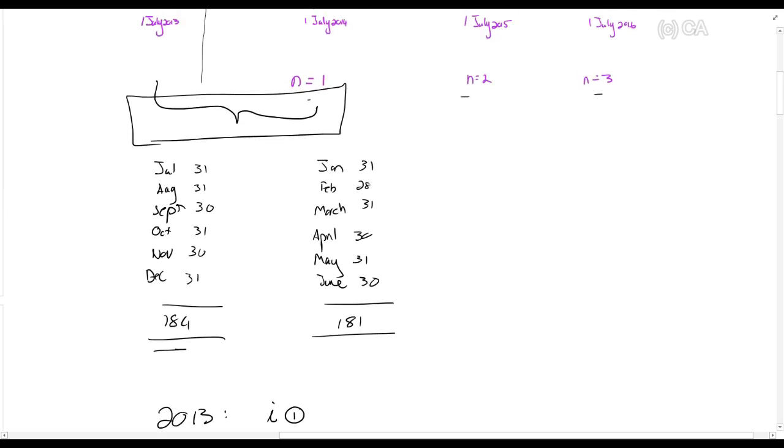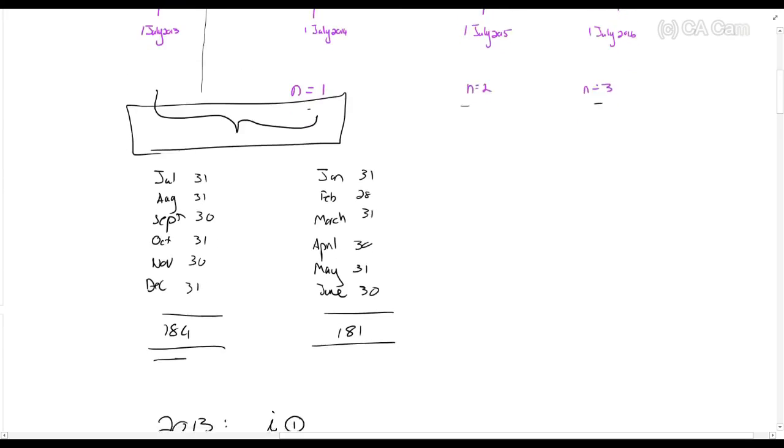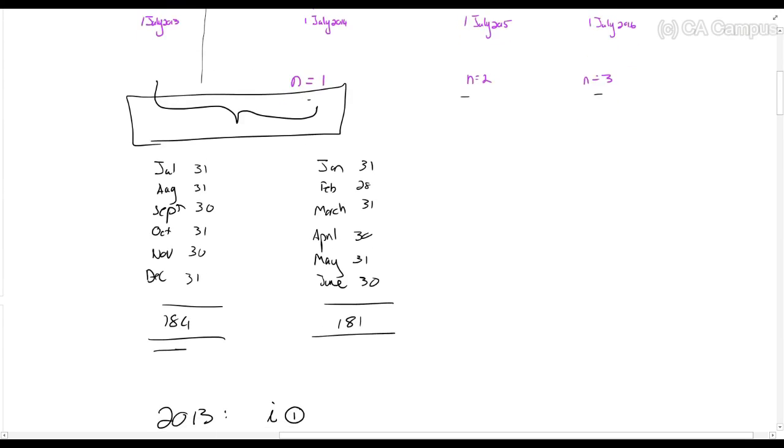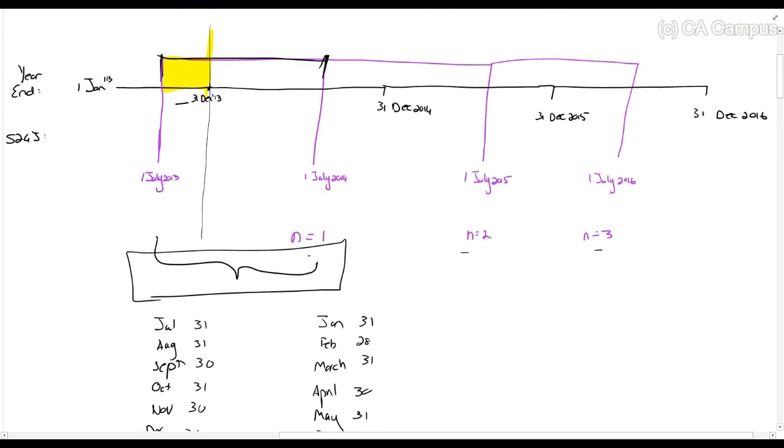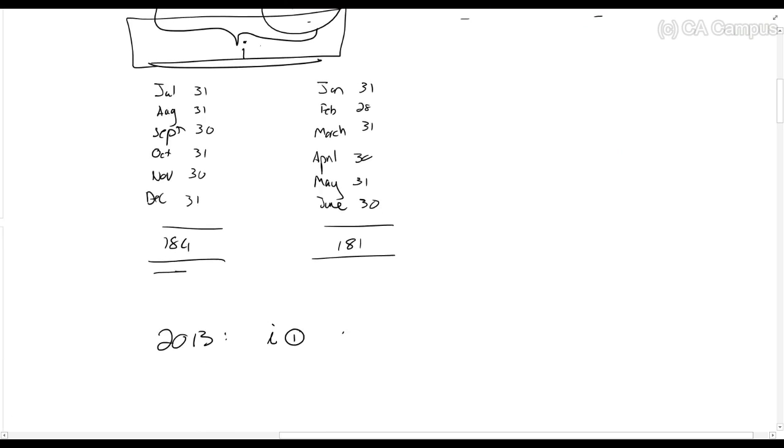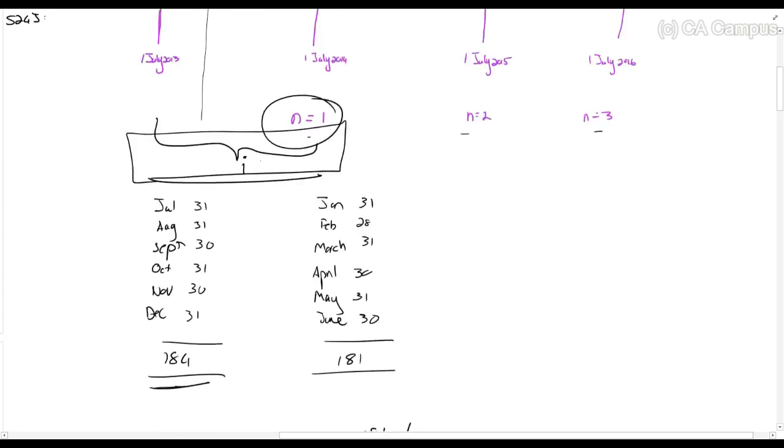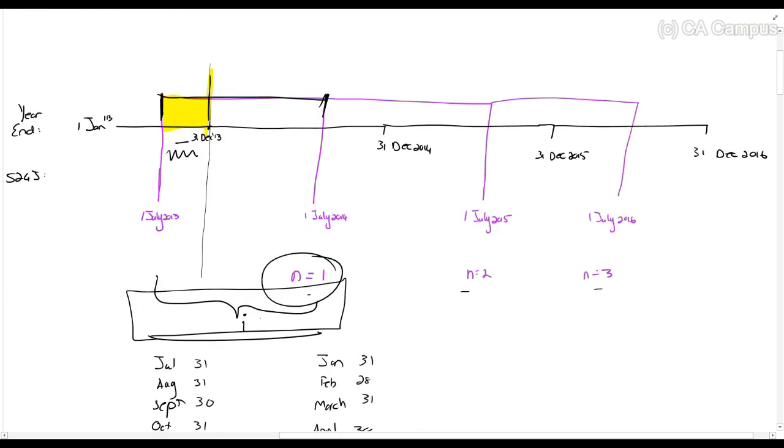When I'm talking about I1, you don't have to write it like this in your test. I'm just trying to show you what I'm calculating. I1 is the interest for this first period, so for N1. For 2013, you'll take whatever that interest is and multiply by 184 over 365. So you'll account for this interest over here.